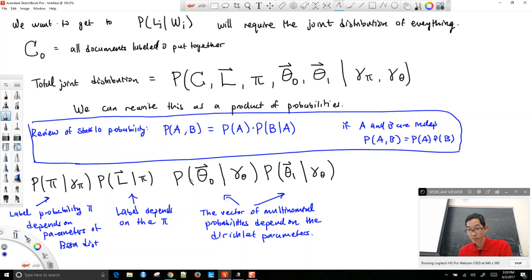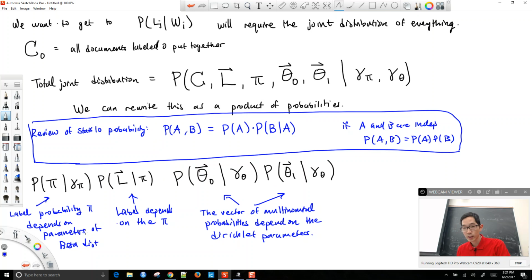Once we have the theta and the Dirichlet parameter, the labels are independent of the theta. I don't have to worry about whether the document is labeled 0 or 1 depending on the probabilities of the words in label 1 or label 2. As far as the model generating goes, these are independent, so they are multiplied together because they are independent of each other.